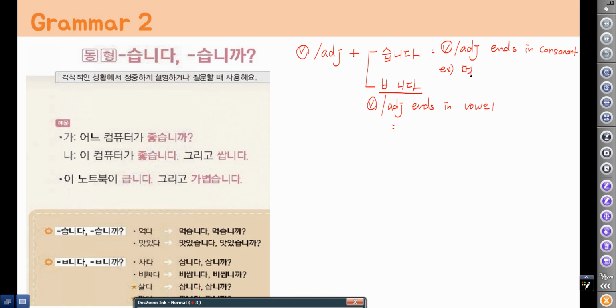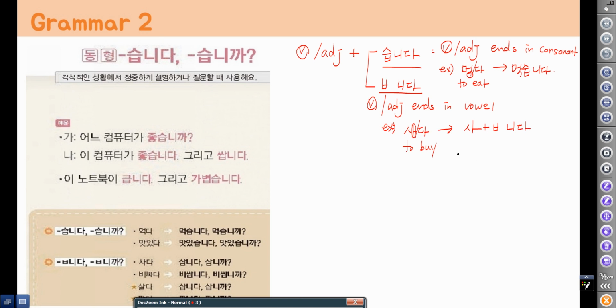verb, 먹다, to eat. So, conjugate. It ends in consonant. So, 먹습니다. Alright, but if it ends in vowel, for example, 사다, verb, to buy, and 사 ends in vowel, just 비읍니다.